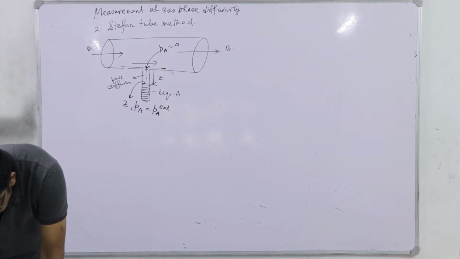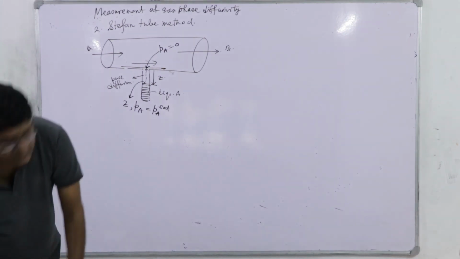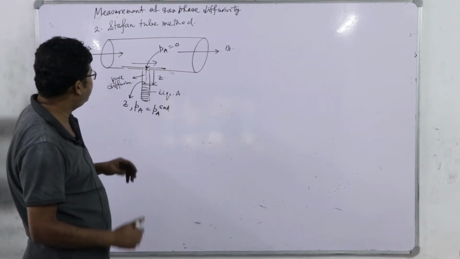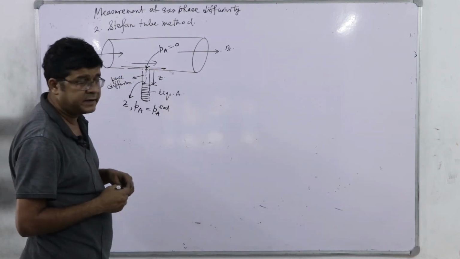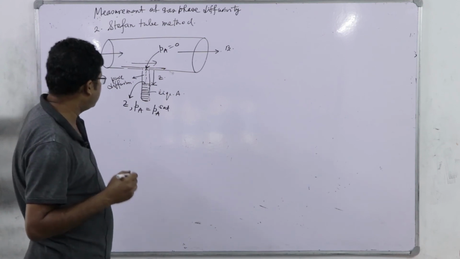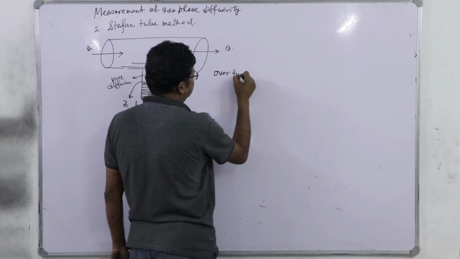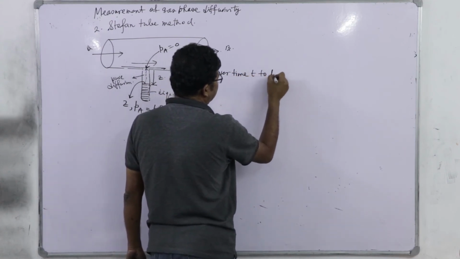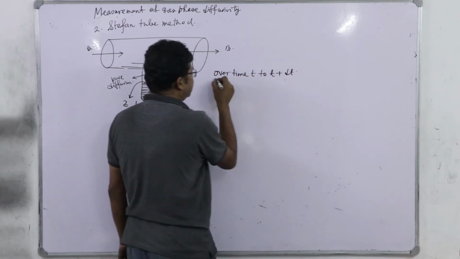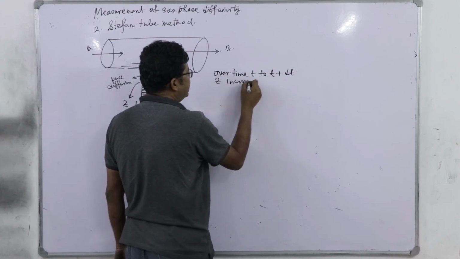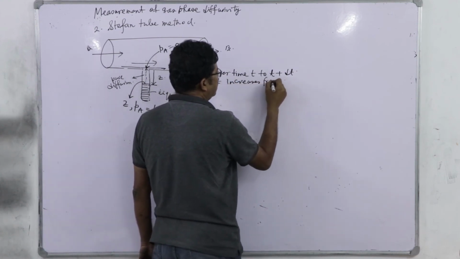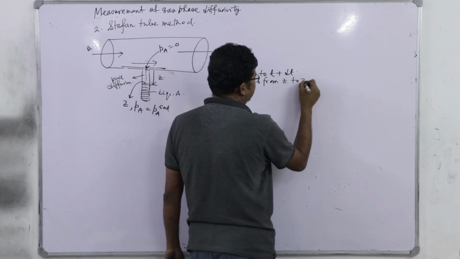So, we can write an unsteady state equation for the depletion over time t to t plus dt, as Z increases from Z to Z plus dz.